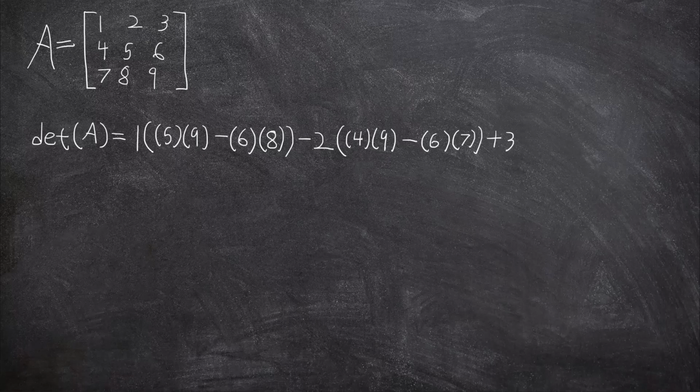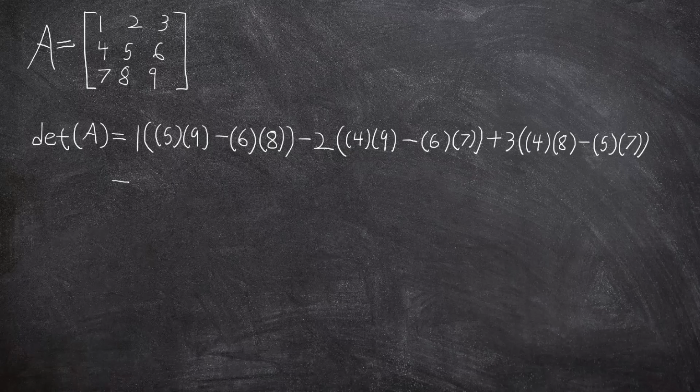Last number we focus on here is 3. We cross out to see which terms we work with. 4, 5, 7, 8. So it would be 4 times 8 minus 5 times 7. Now we can perform some calculations. I already plugged these into a calculator. So this first part evaluates to negative 3.